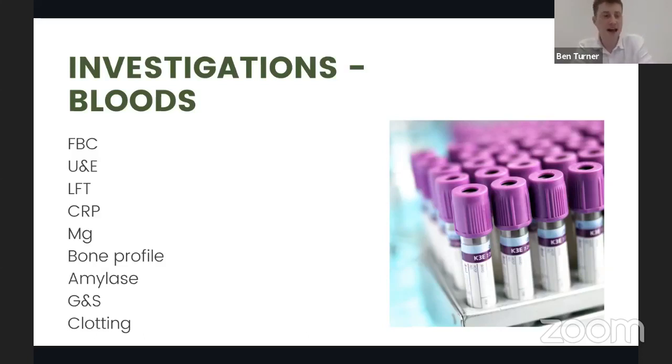Group and saves. Every patient who is admitted to surgical ward is going to need at least 2 group and saves. And before anyone goes to theatre in the UK, they have to have a clotting on the system. So that is your pretty good list of surgical bloods that you need to consider.